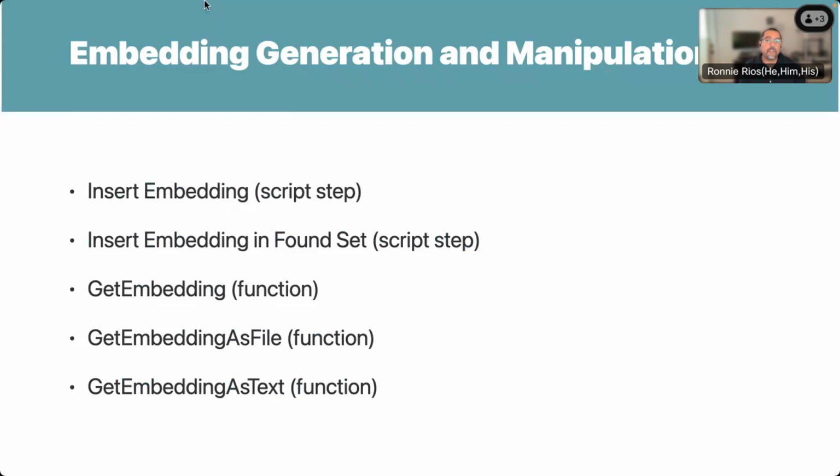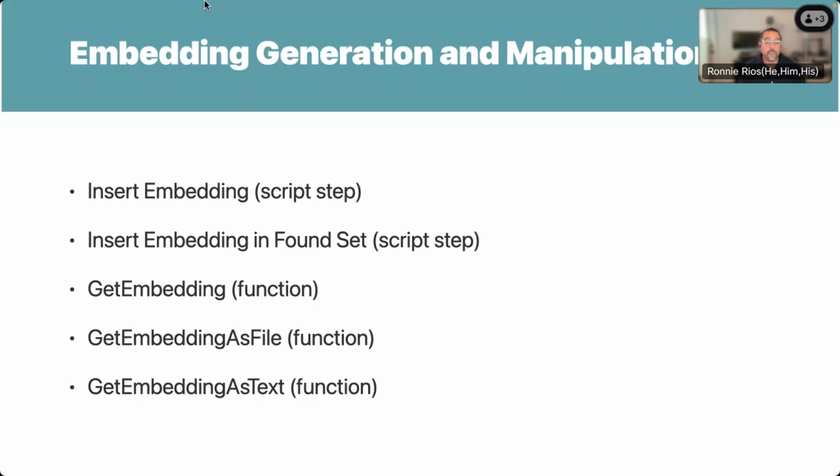We've got other script steps that are focused on generating embeddings and help you manipulate them. So in 2024, we set up some tools that are specifically created for you to be working with vector embeddings. This really opens up a whole new aspect of your development so that you can analyze and process data.